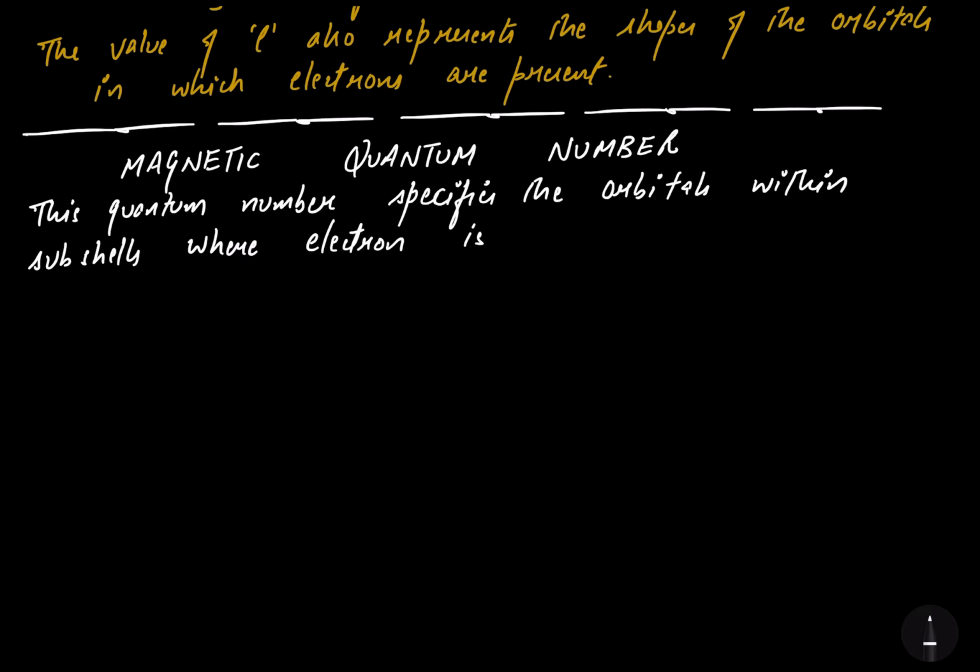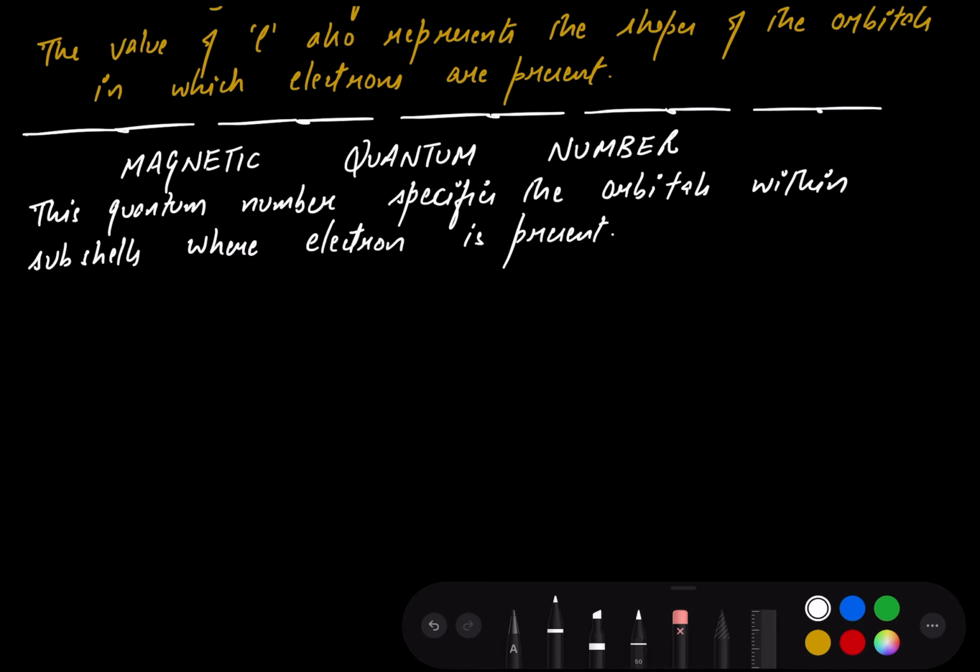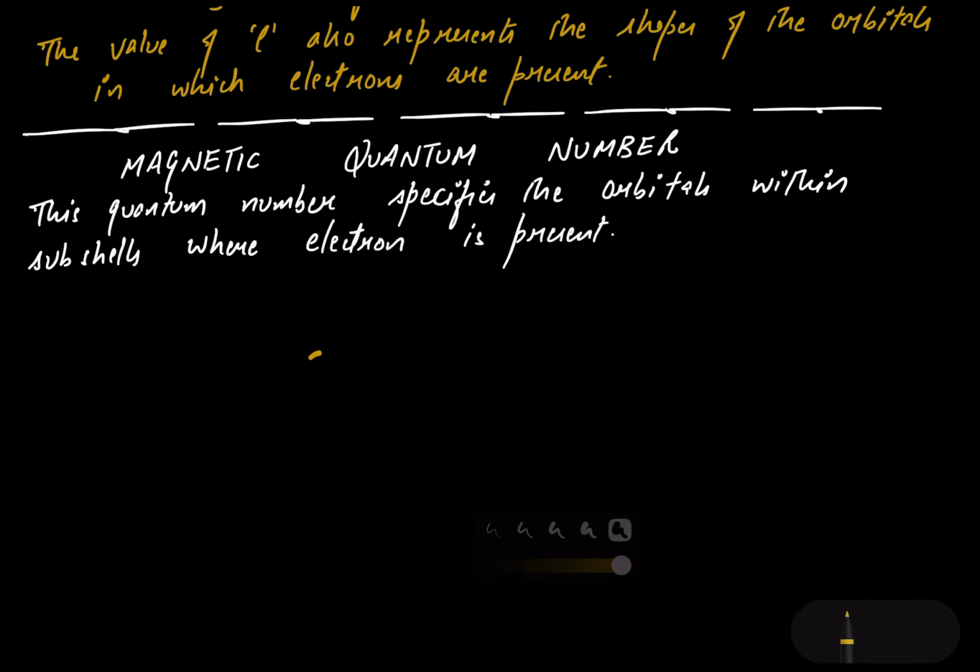The magnetic quantum number is represented by small m.